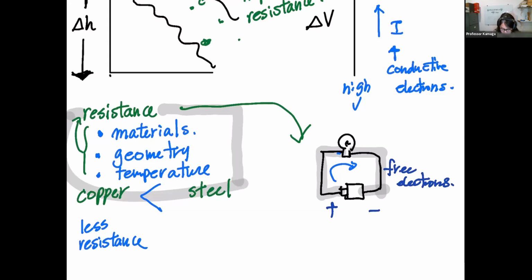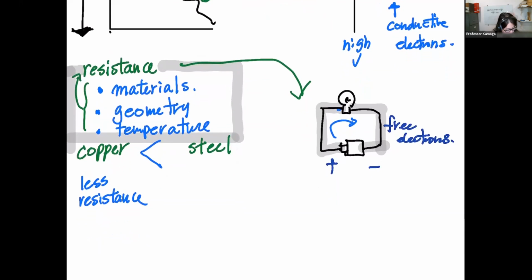So resistance depends on the material. You see that copper has less resistance than steel. Geometry.